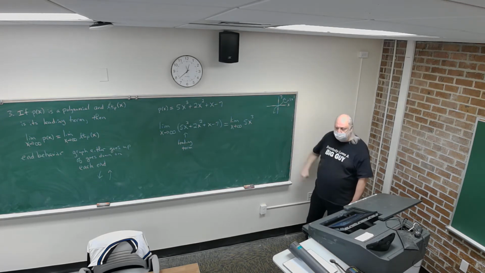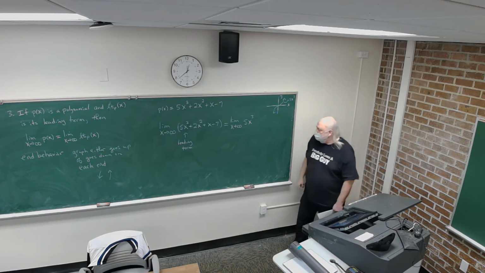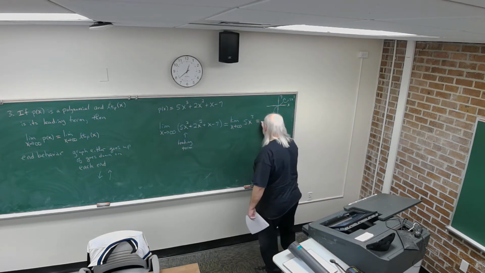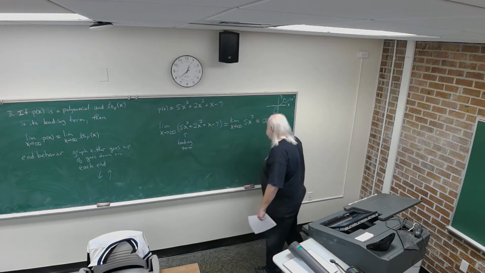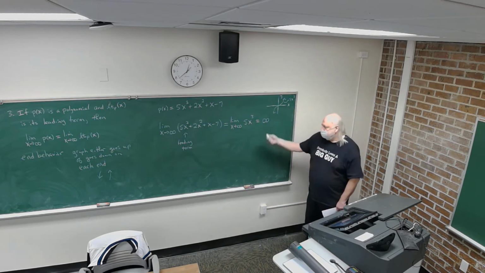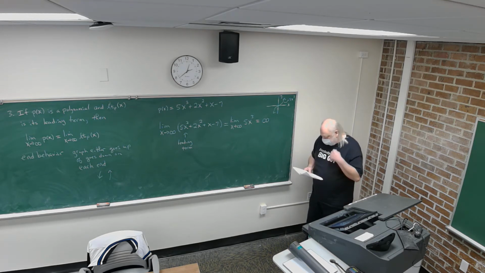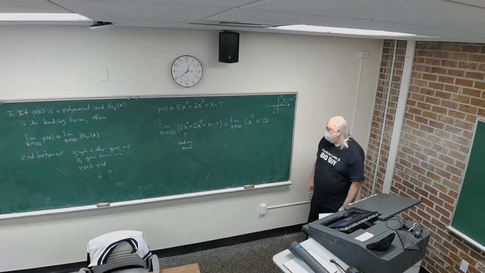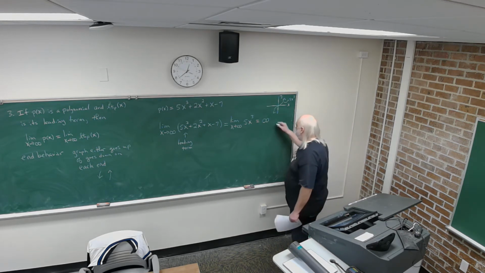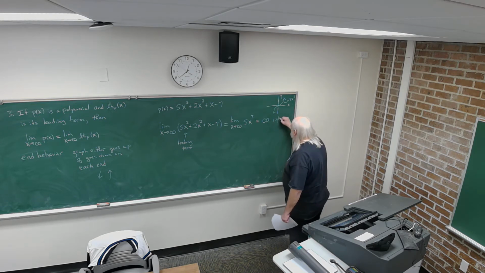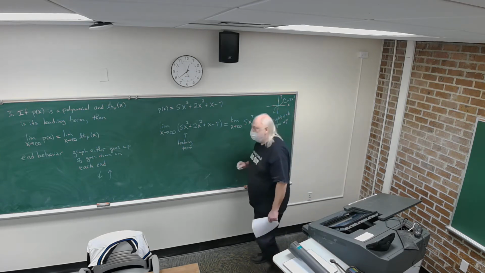The larger the value of the function 5x cubed. And so 5x cubed increases without bound as x increases without bound. Which means the right end in the graph goes up.